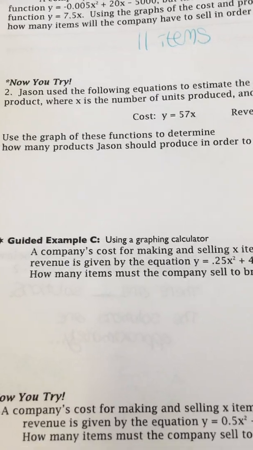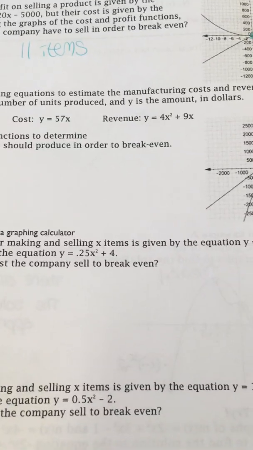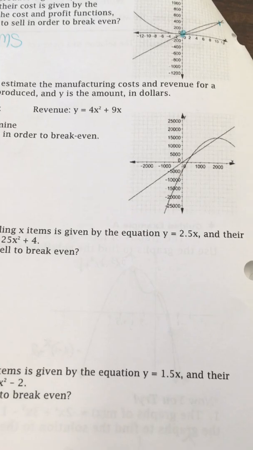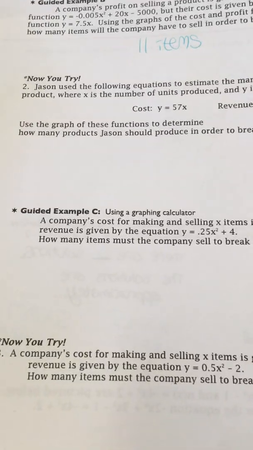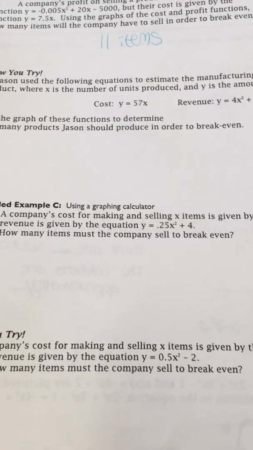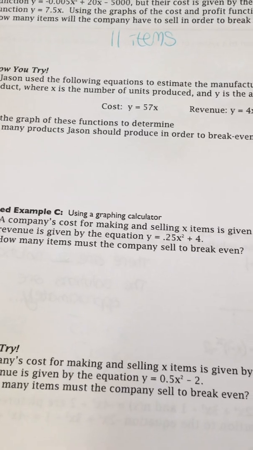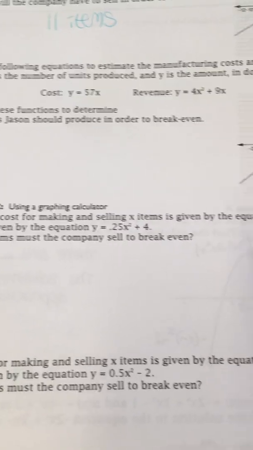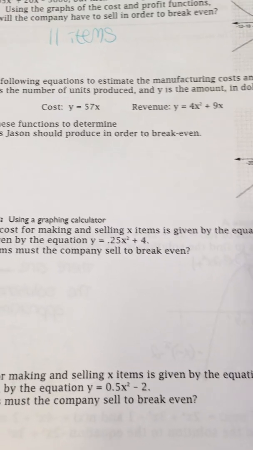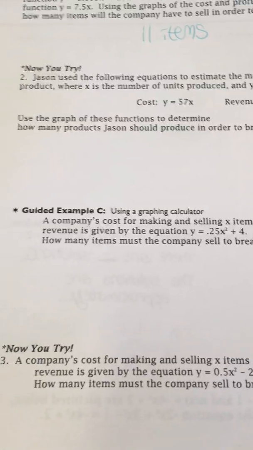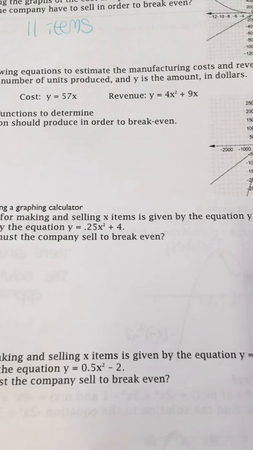So the next one, Jason used the following equations to estimate manufacturing costs and revenue for a product. So cost, again, is the linear function, 57x. Revenue, again, is the parabola, this one. So again, we want to see how many products he should produce in order to break even.